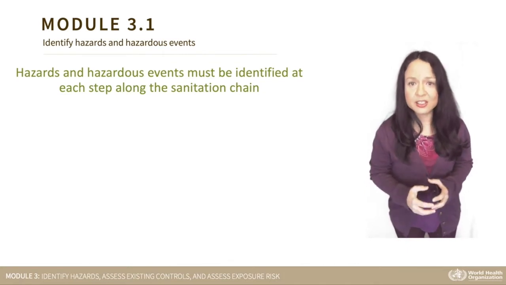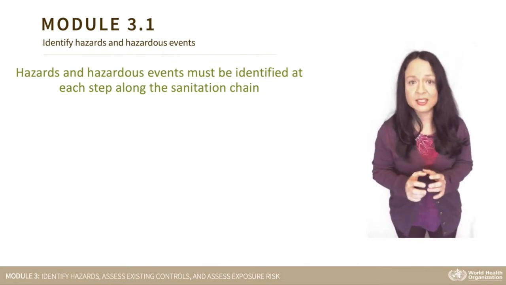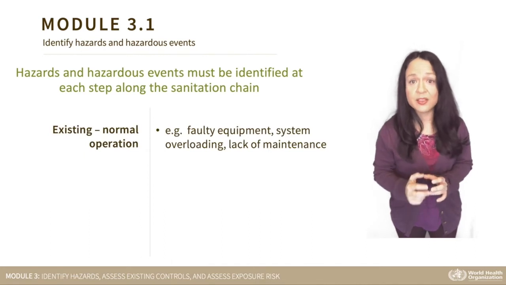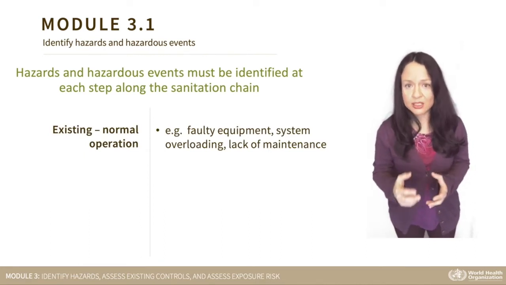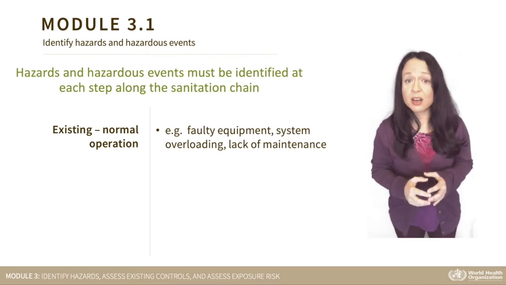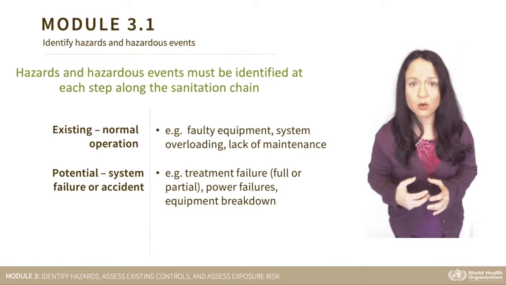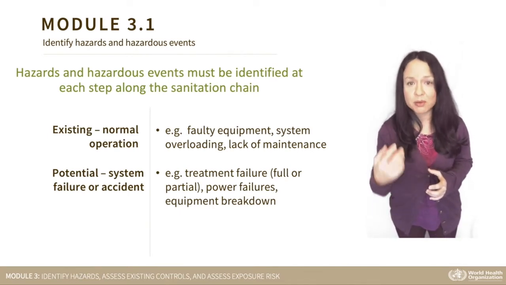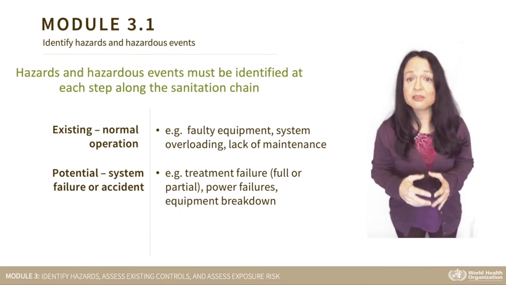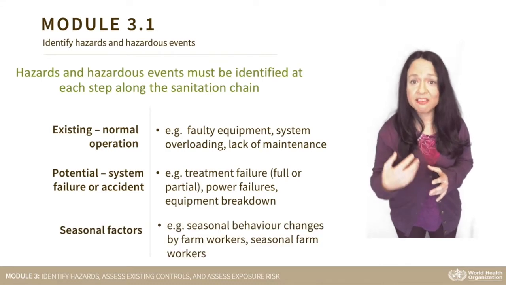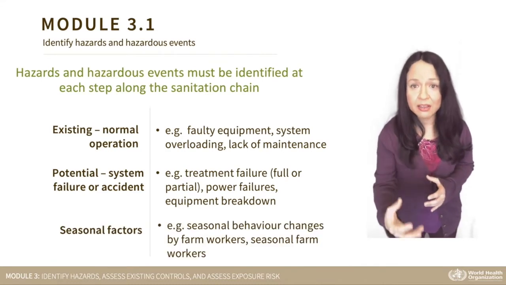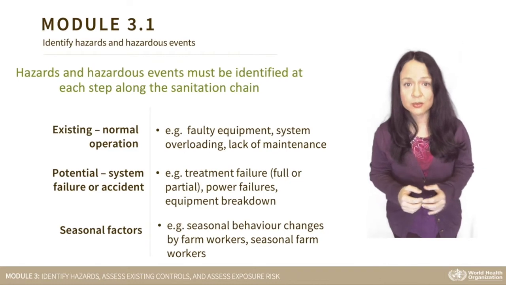When doing this, consider hazardous events that are associated with existing normal operation of the system, such as faulty equipment, that are potential due to a system failure or accident like equipment breakdown, that are related to seasonal factors such as seasonal behavior changes by farm workers.